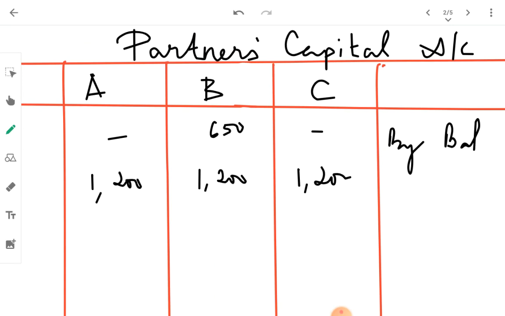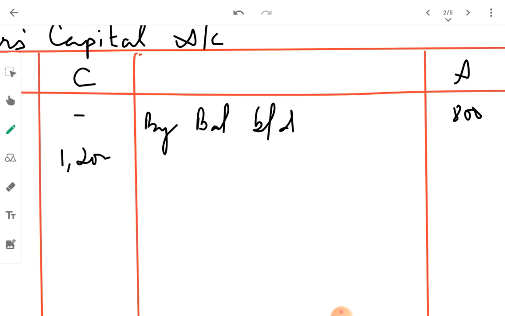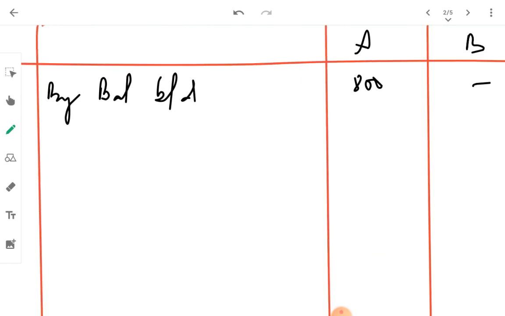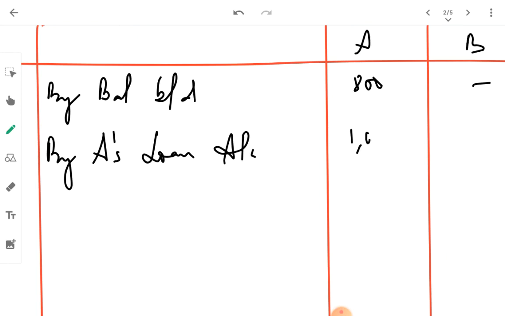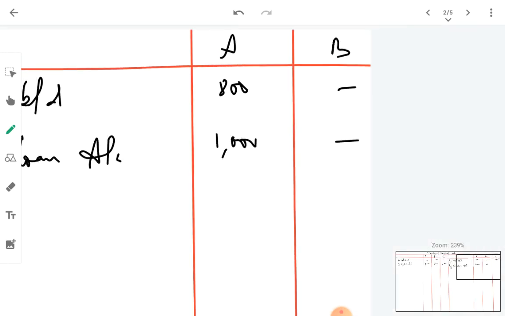Now, if you look at the balance sheet, we had A's loan, right? There was a loan for A, and since it's been given by name itself, so we have to record it in the partner's capital account. So by A's loan account, under A's column, rupees 1,000.